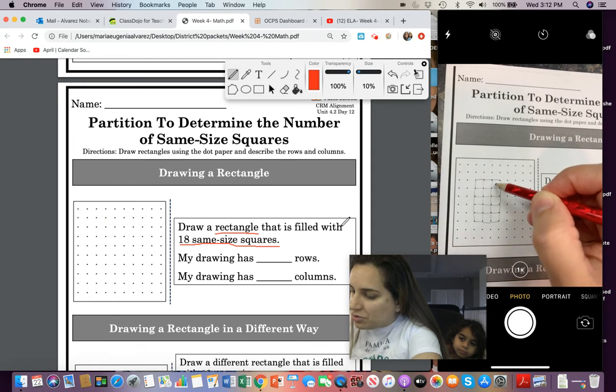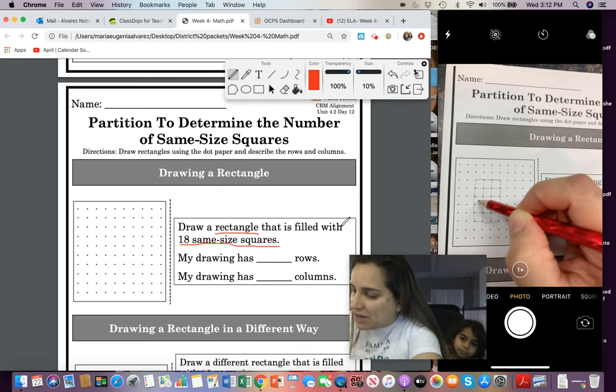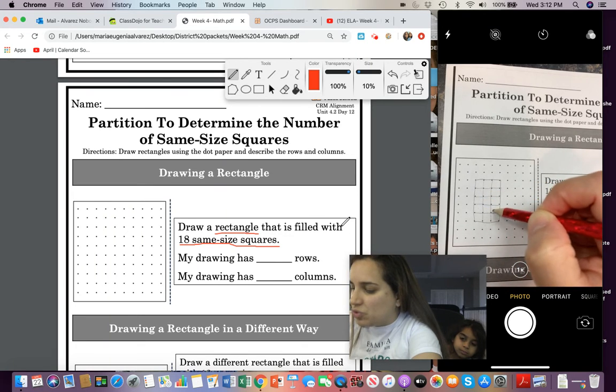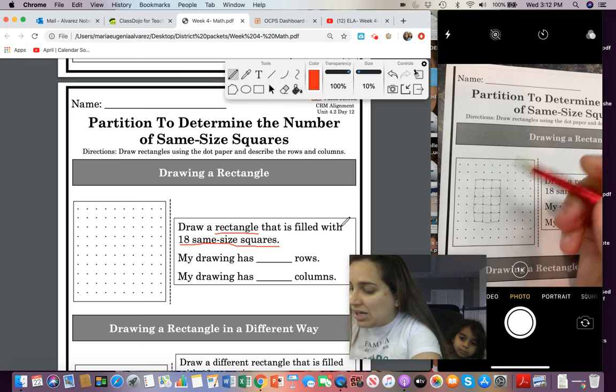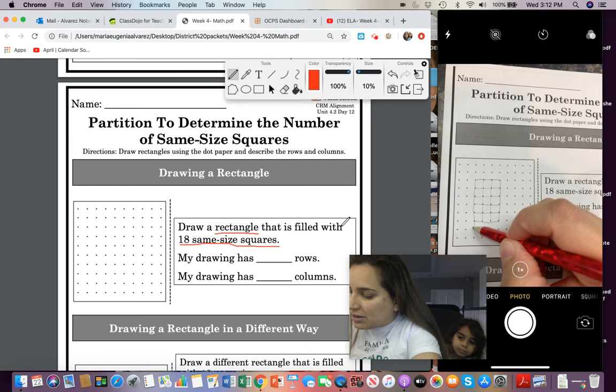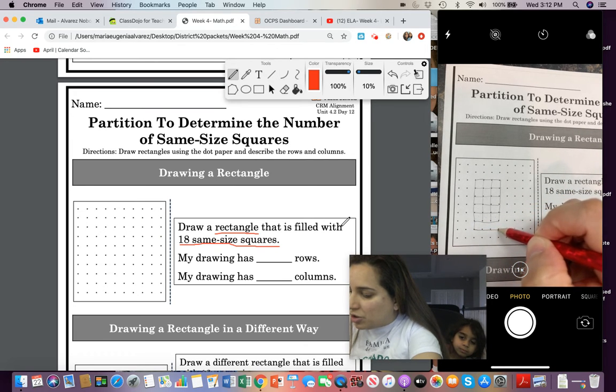1, 2, 3, 4, 5, 6, 7, 8, 9, 10, 11, 12, 13, 14, 15. I think I'm going to have to add another row and column. There we go.